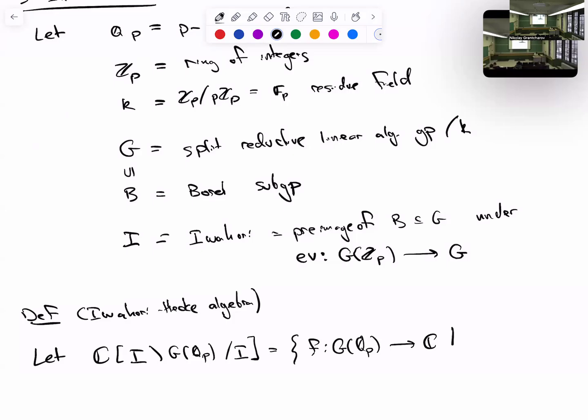They're complex valued, and bi-equivariant with respect to the Iwahori.